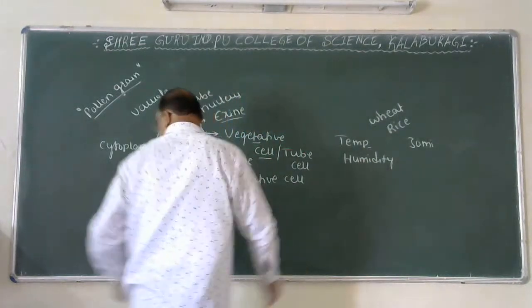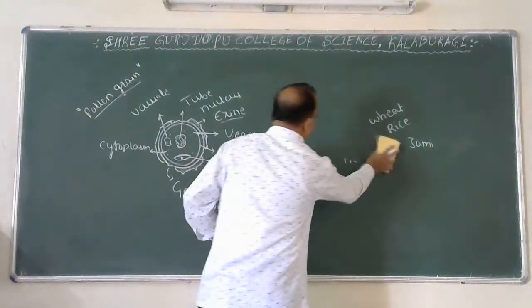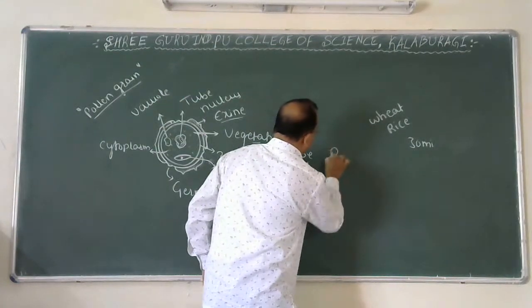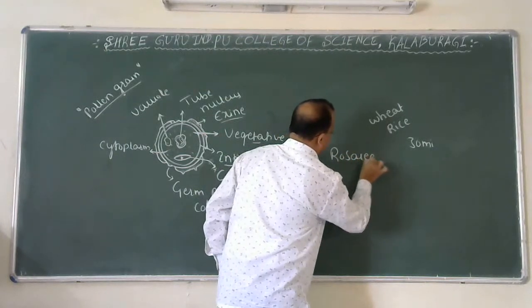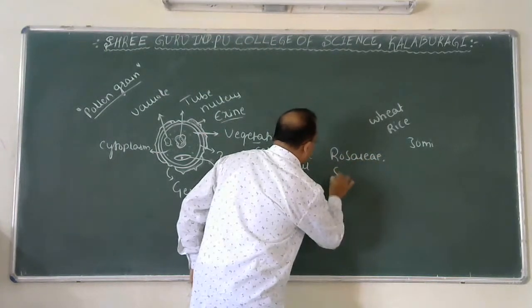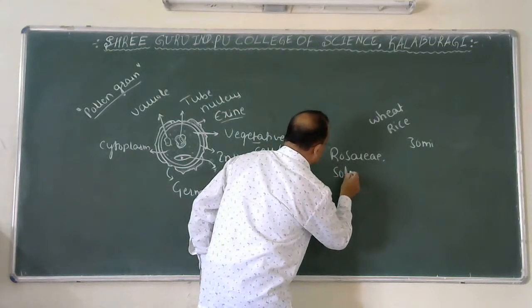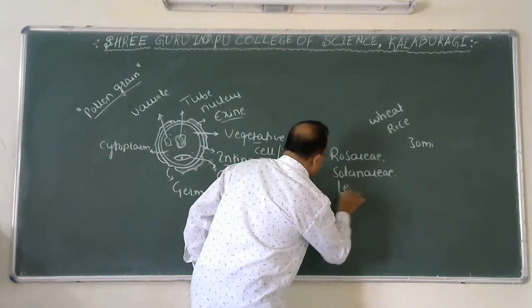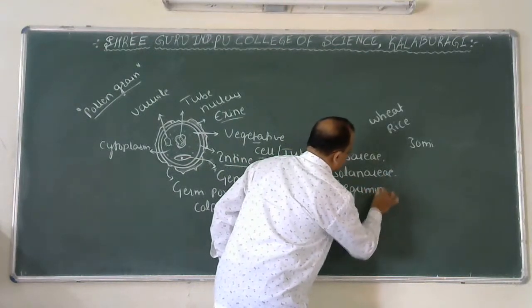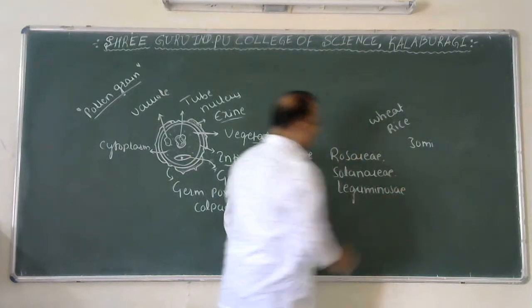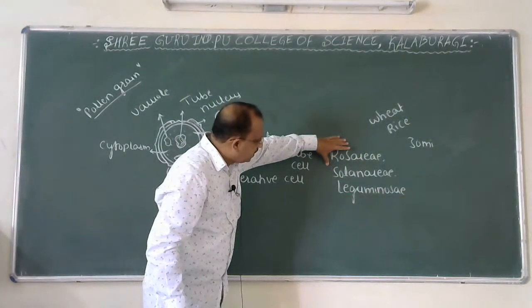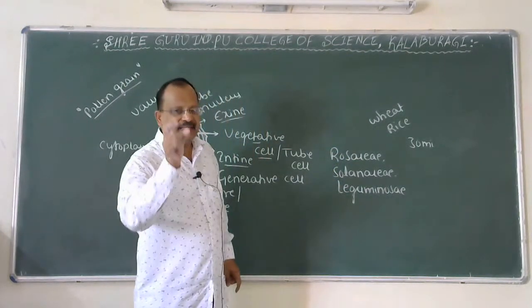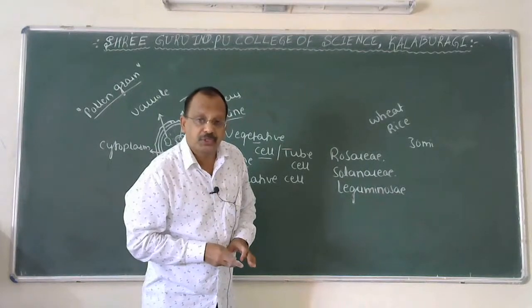But in members of the family Rosaceae, Solanaceae, and Leguminosae, they maintain viability even for months.